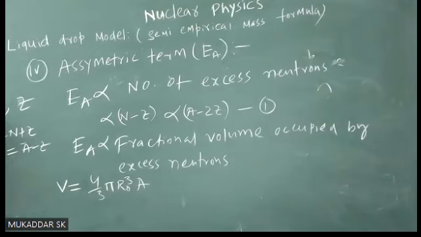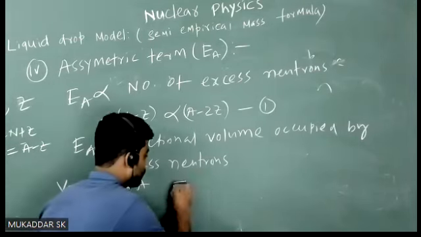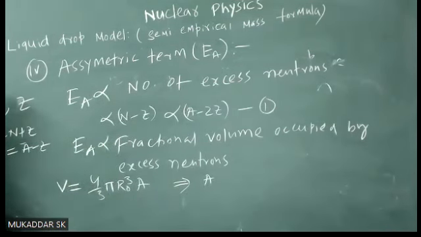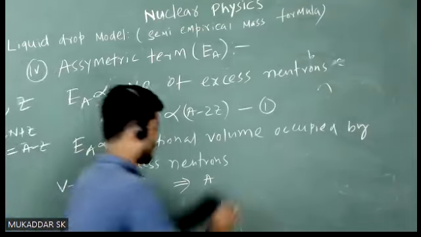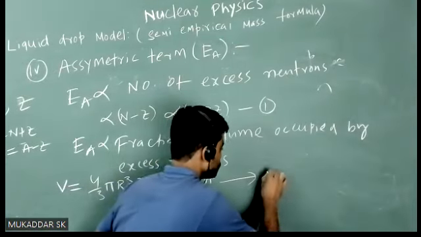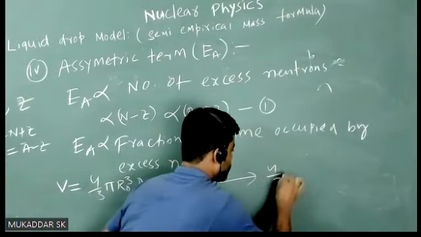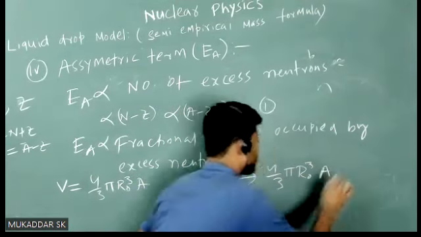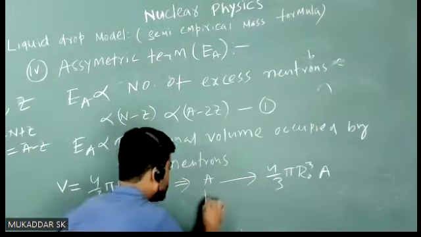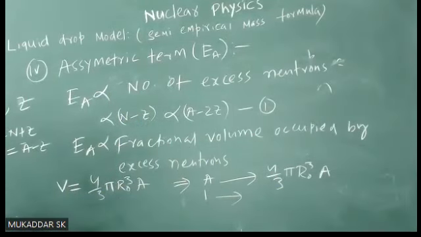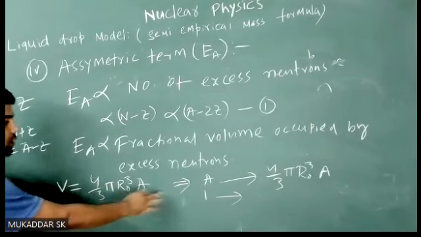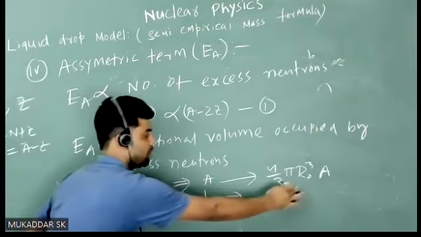Now see, A number of nucleons will have volume 4/3 pi r naught cube A, right? So one nucleon will have a volume of simply 4/3 pi r naught cube.